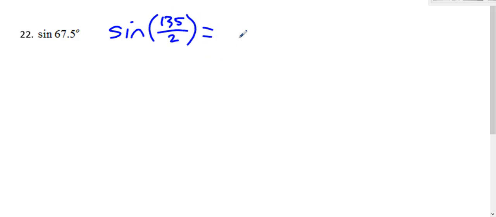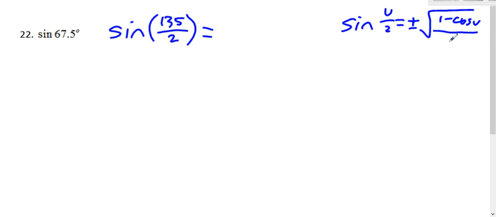So using the half angle formula, which is sine of u over 2 equals plus or minus, depending on the quadrant, the square root of 1 minus cosine u over 2. So in this case, the u is 135. So this is plus or minus, and I guess we can actually just answer that right now.